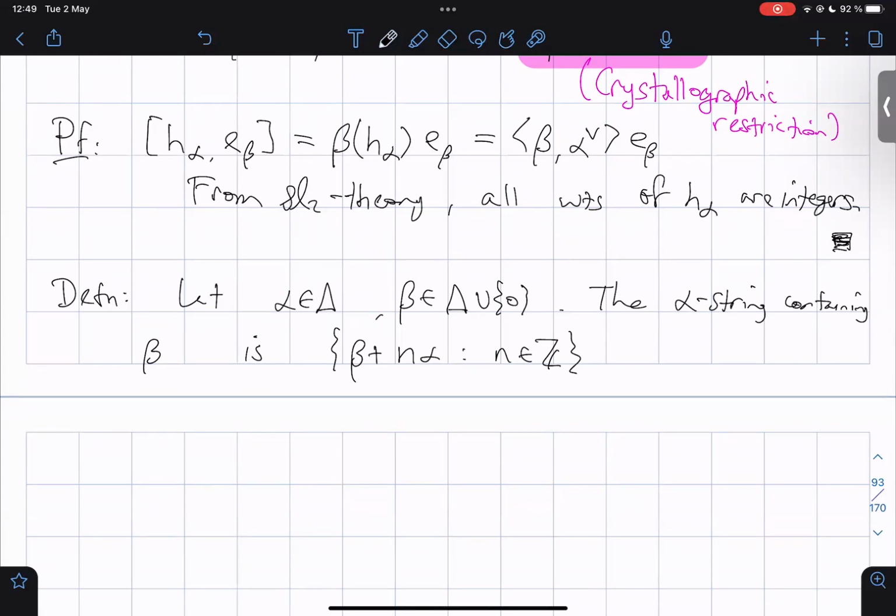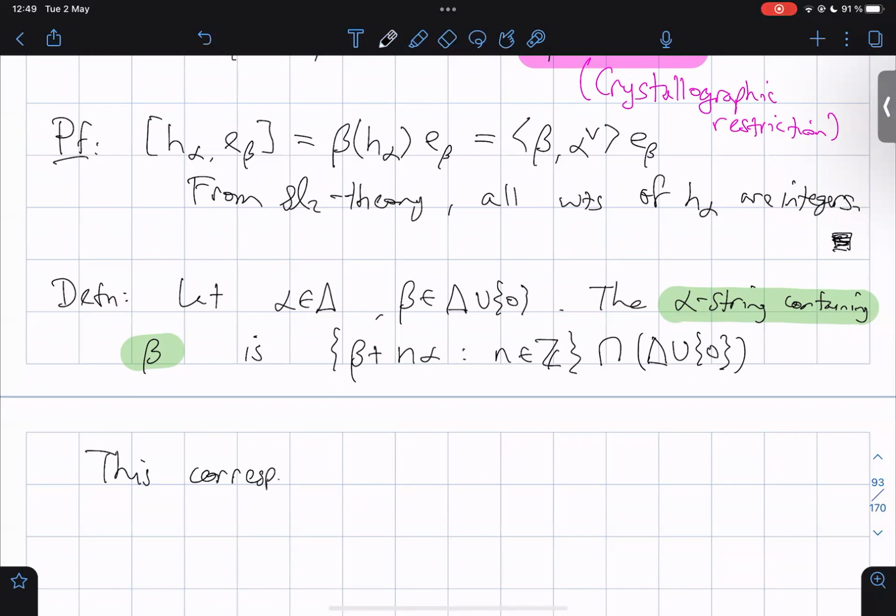But I don't want to consider all of those. I want to consider those that are actually a root or possibly zero. So that's this alpha string, and we're going to picture it. The relevance here is that this corresponds to an SL2 rep inside G.